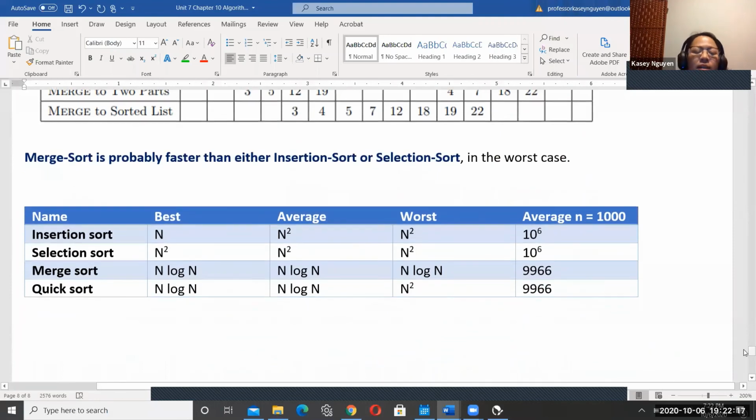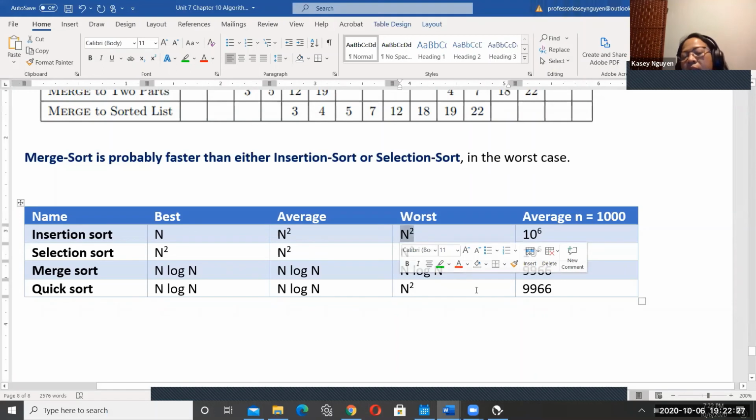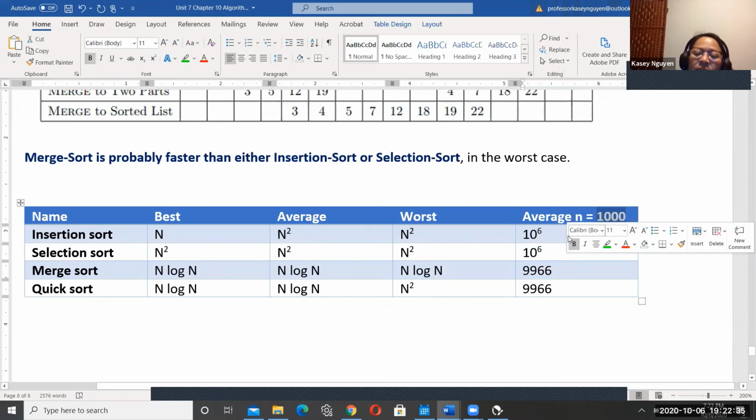So when we look at the comparison, the insertion sort in the worst case would be n squared for our T of n. So if you have 1,000 elements, then you would have 10 to the 6.